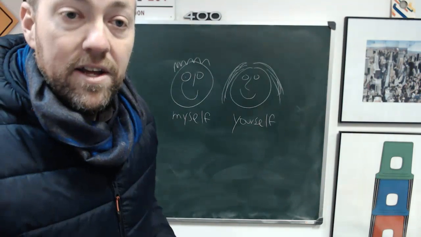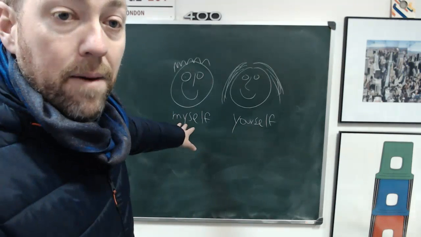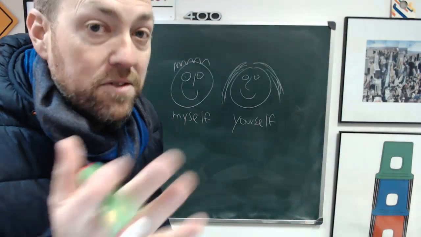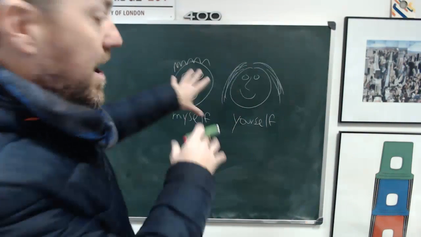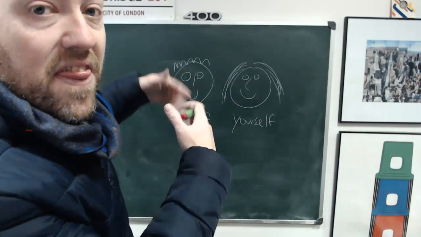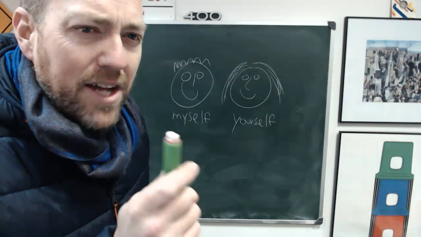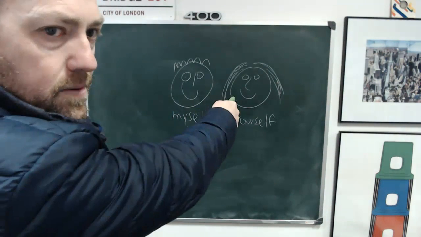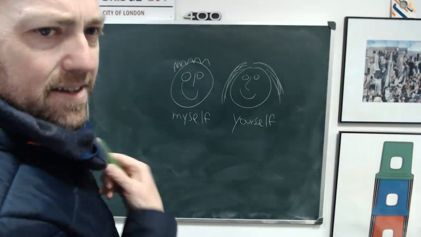And then it's very similar. You have the plural yourselves, if there's multiple you. Or if it's them, I could say they are looking at themselves. But one thing, imagine if I look in the mirror at you, and then you look in the mirror at me.